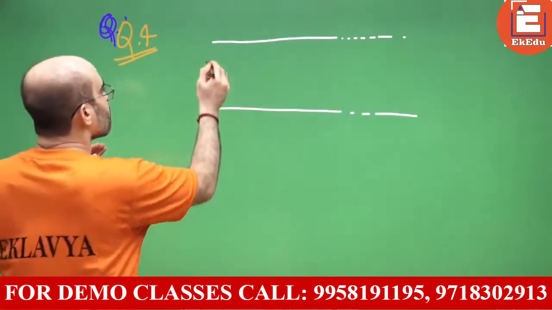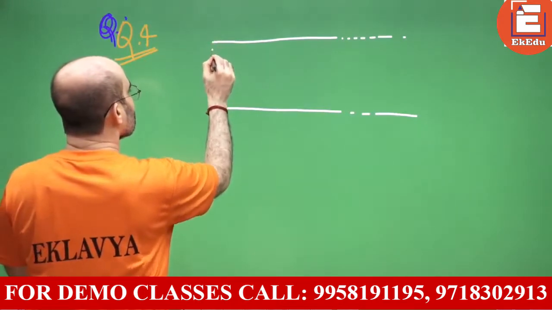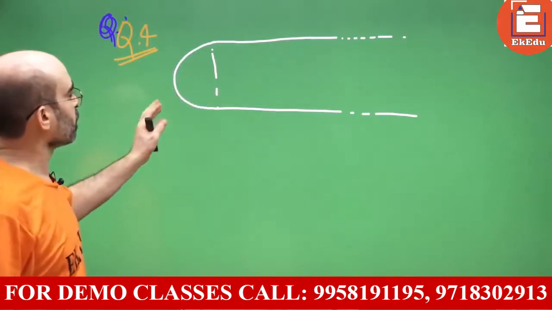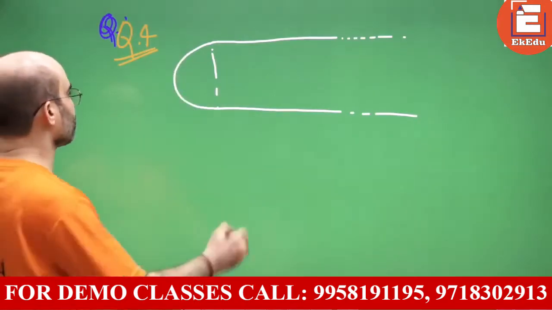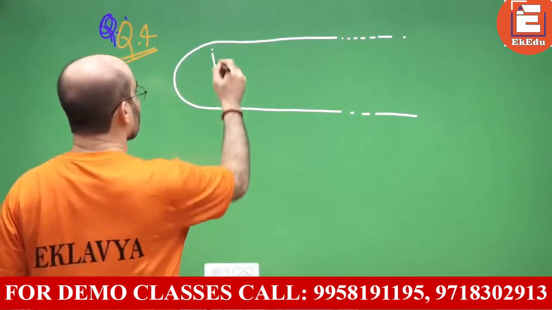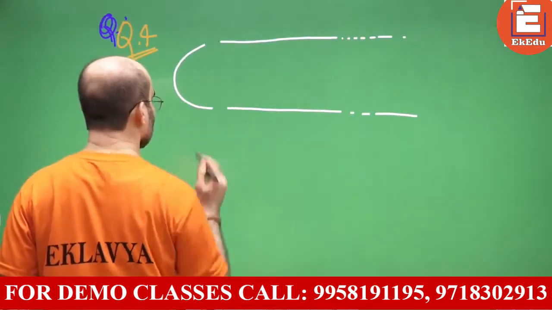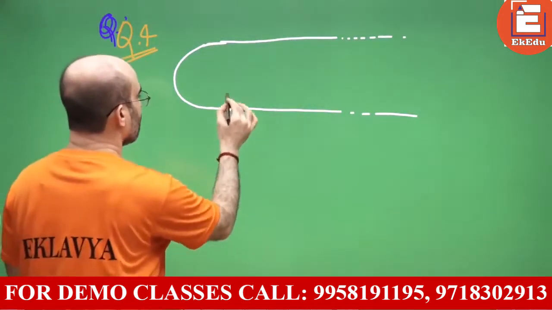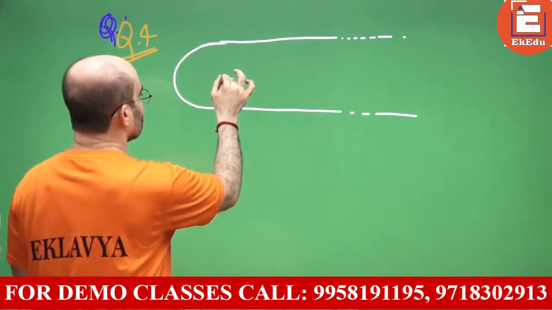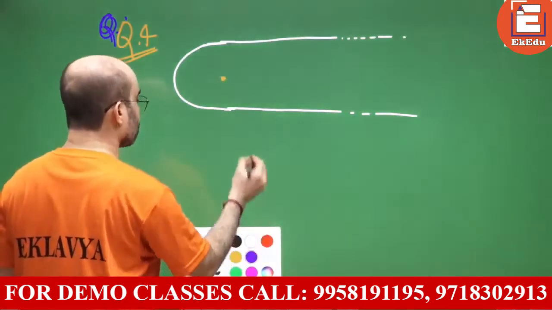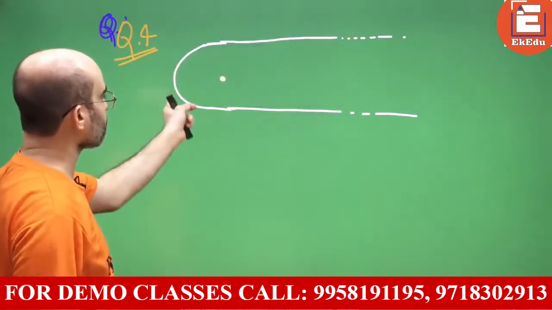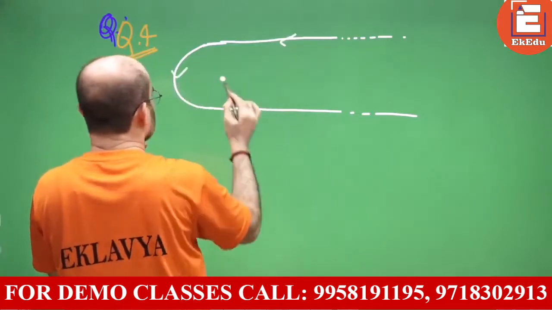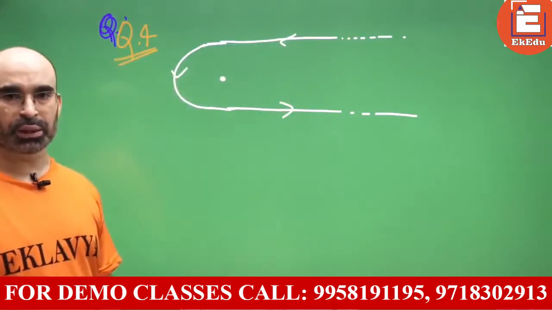And this has been connected to a semicircular arc. Some semicircular arc. Okay, so it is going to be this sort of stuff. Now this is the center of this semicircle, right? And current is flowing in this manner. So we are aware of this.